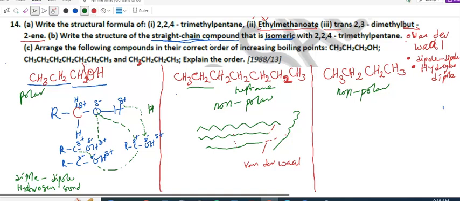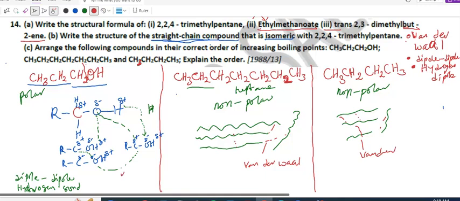This is the chain, this is the chain. The force of attraction between the molecules of this polar compound is also van der Waals forces, very weak, weaker than dipole attraction.